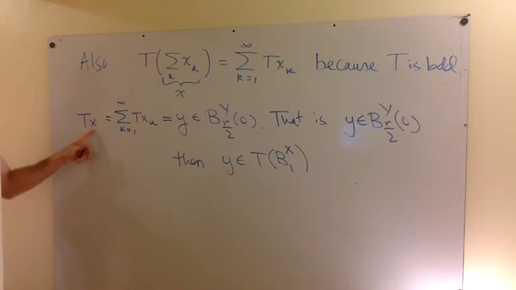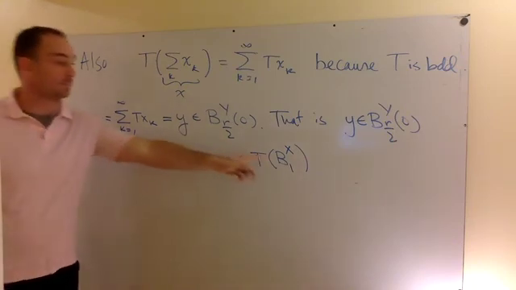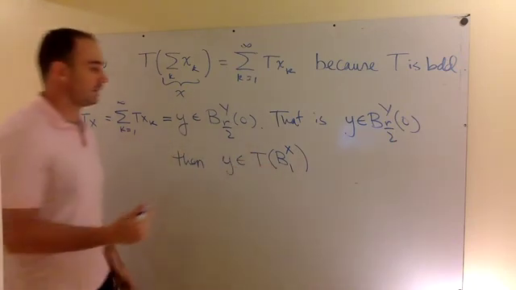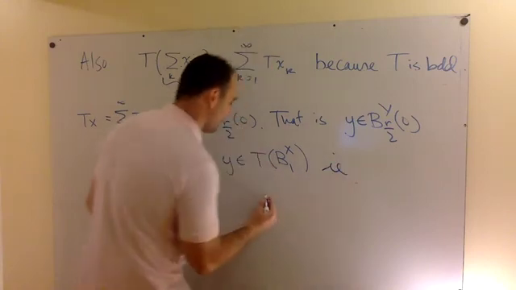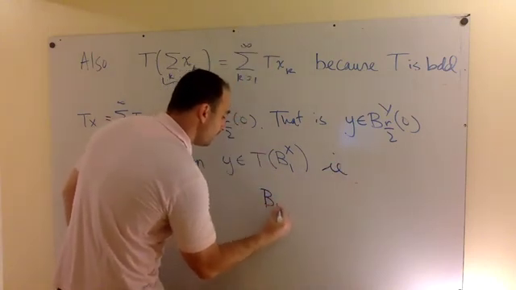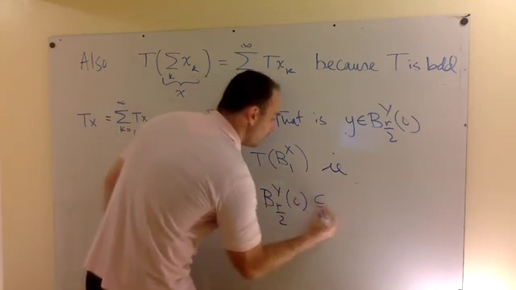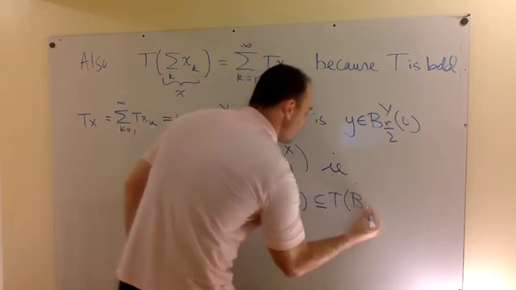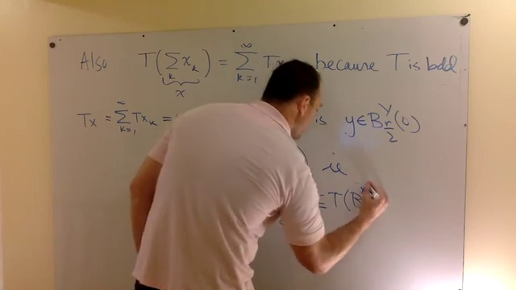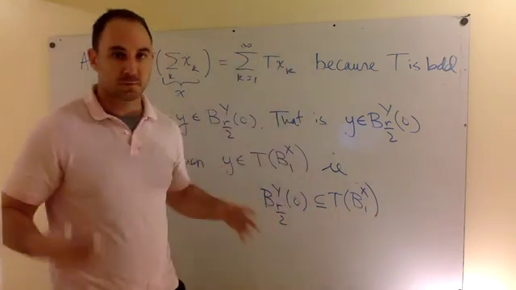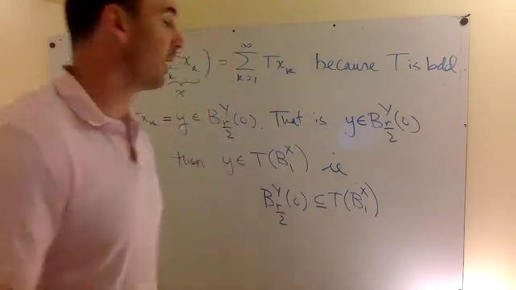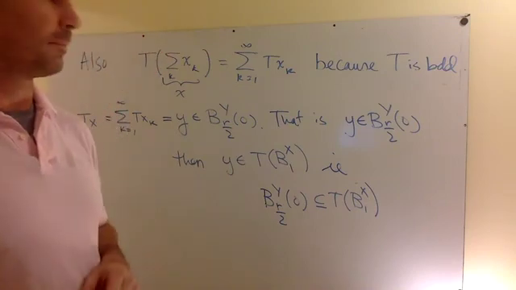All right, because x in here is in this ball, and so y is in the image of it, i.e. this is contained in the ball of radius 1, no closure. That is the proof of the open mapping theorem, okay?